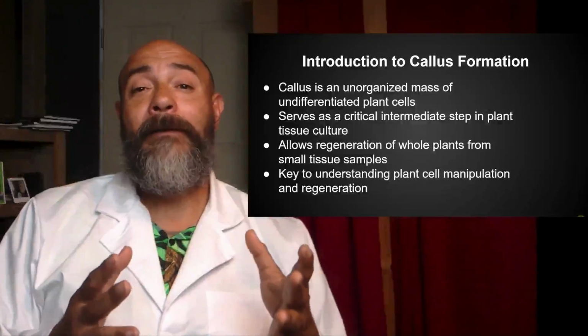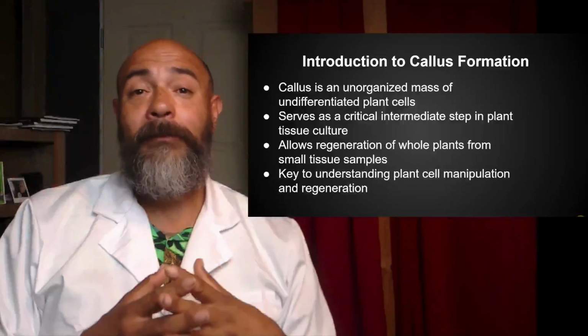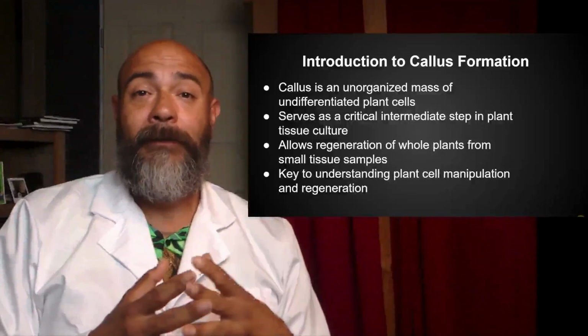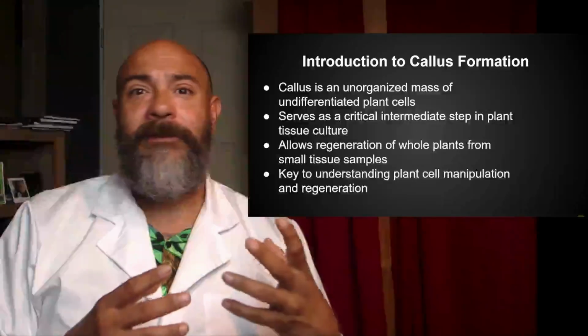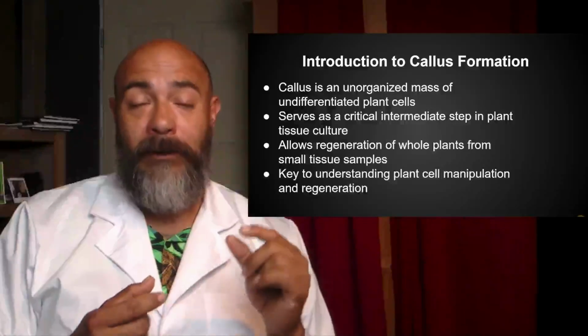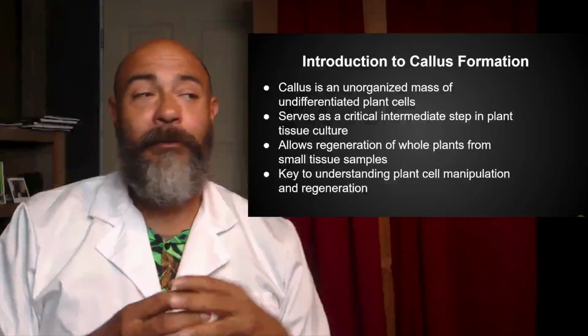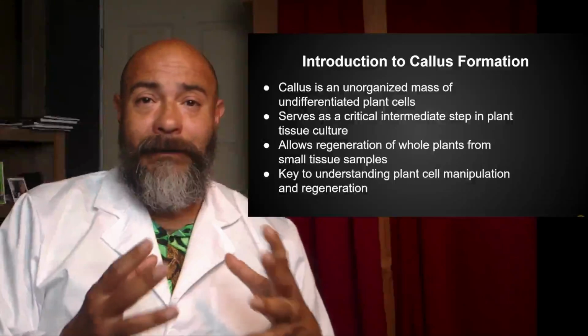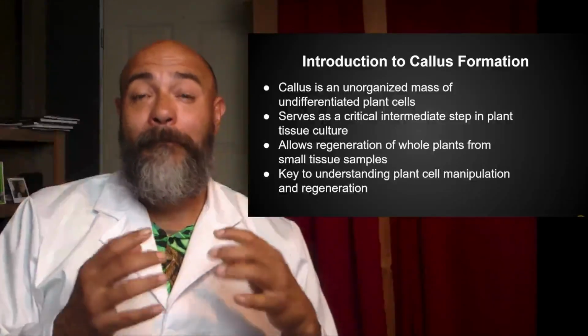When we learned about multiplication, we learned about shoot proliferation. We learned about how to make more branches, more leaves, more stems off of the amount of tissue that we originally put in. This is actually creating more of that base tissue.